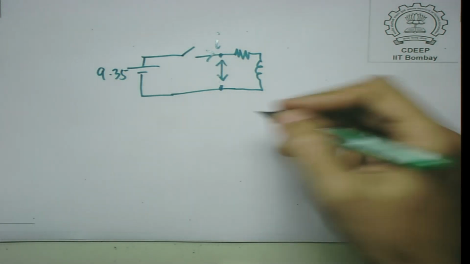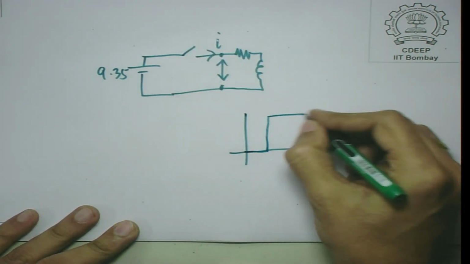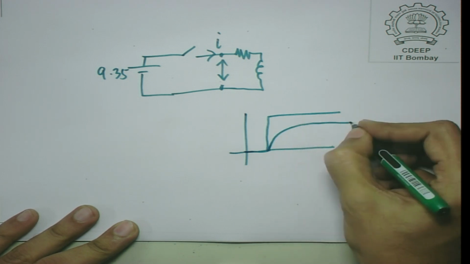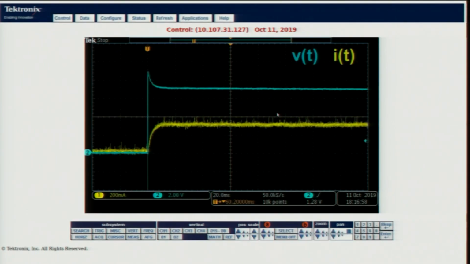So, what you expect is of course that if I switch this on, your voltage will be like this and the current would be like this, which is in fact what we get. The waveforms are consistent with this, but there is a small interesting subtle point which you would have noticed: the voltage is not a step, but it actually drops.